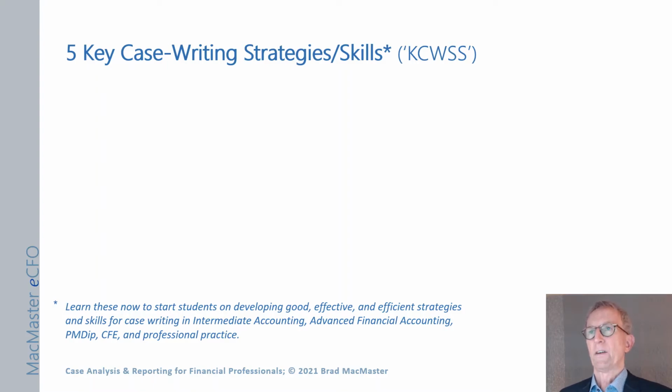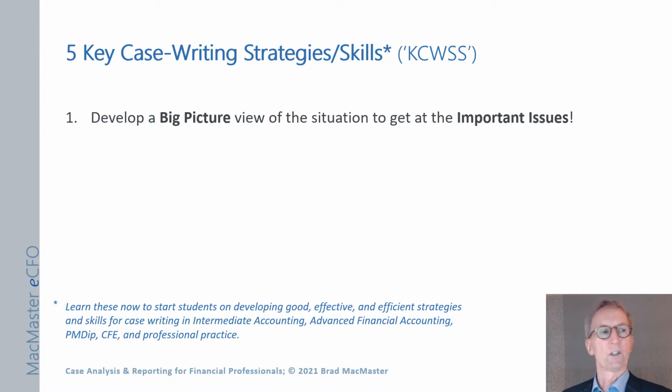So the 5 key case writing strategies and skills that I want to present in this module include developing a big picture view of the situation so that you can get at the important issues. Now, we've talked a lot about this in the previous videos. In a financial accounting case, there's typically one main concern.